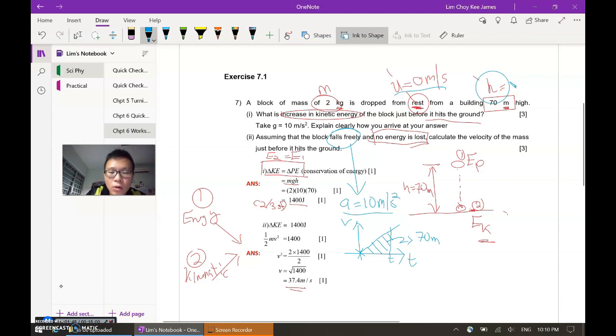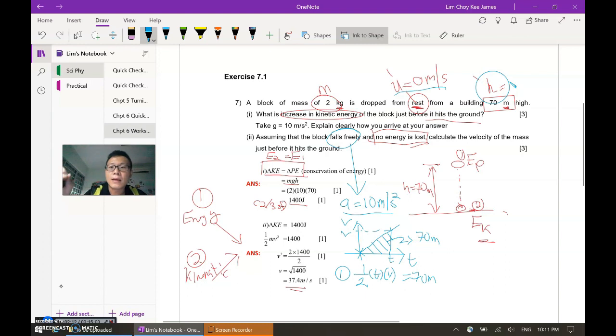That would be the first equation that we have. Let's assume the final speed here is v. The area under the graph, which is a triangle, is half base times height. The base is t, the height is v, and this gives us 70 meters.